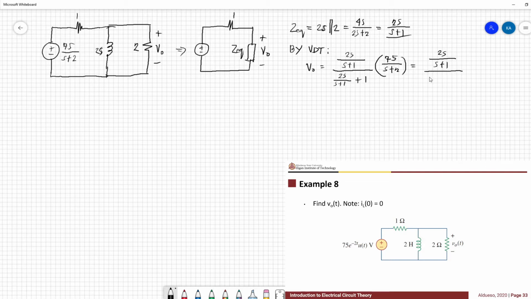We have 2S plus S plus 1 all over S plus 1 times 75 over S plus 2.